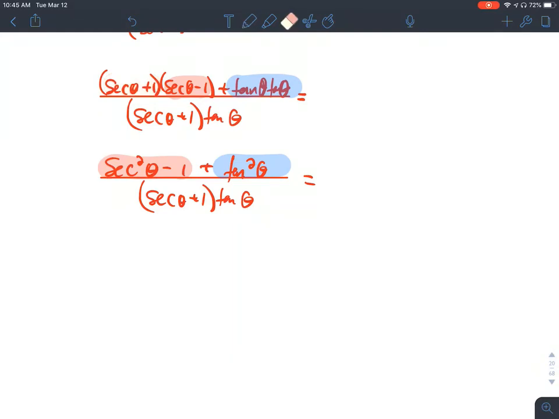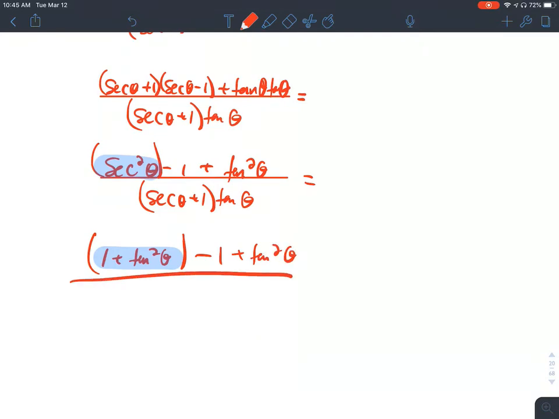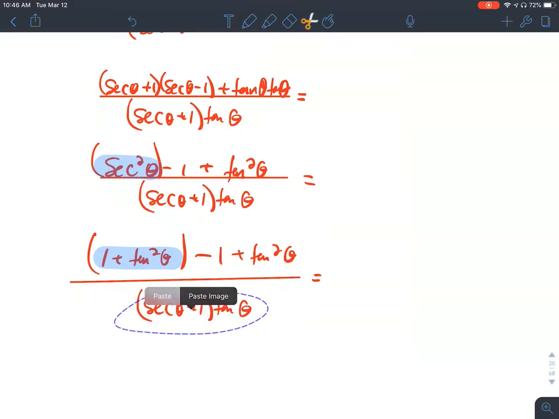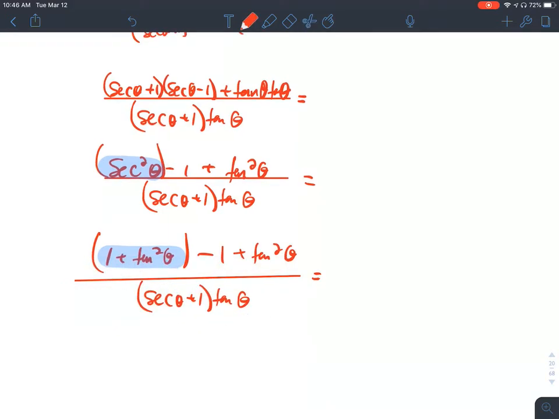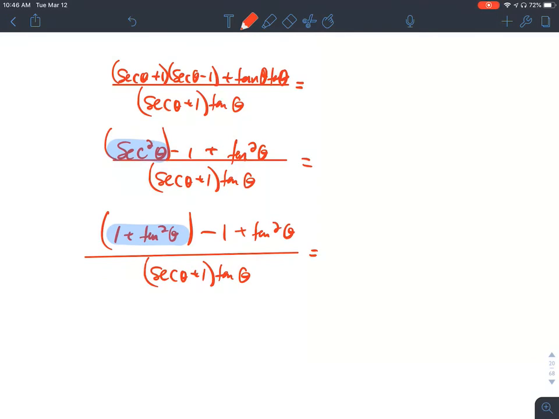I'm going to replace secant squared of theta with tangent squared of theta plus 1, because that was the second Pythagorean identity. I'm replacing that with this. The parentheses have no mathematical value here. I'm just putting it for emphasis that that is what I substituted. Now my numerator can be simplified.